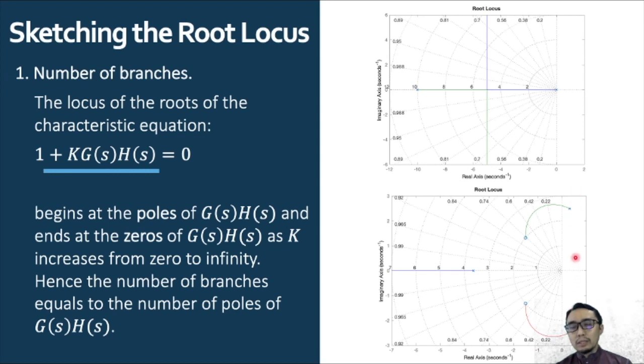By choosing the correct value of k, you can move this pole from the right half plane to the left half plane, making the system stable. But of course you have to find the appropriate value of k to move the system from unstable to stable. That's the interesting fact about the root locus.